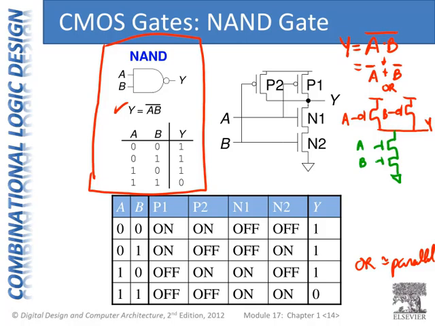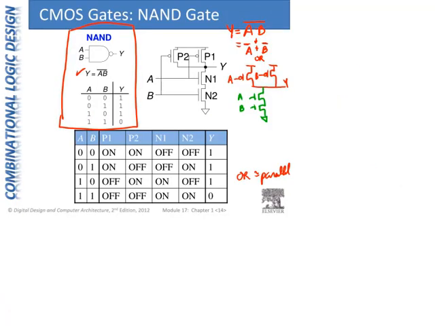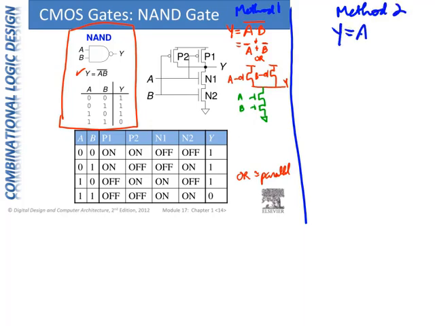So there's another way to think about it. We could also have started with our original equation. So here's method 1, and here's method 2. Both work the same. Y equals (A and B) all of it bar.